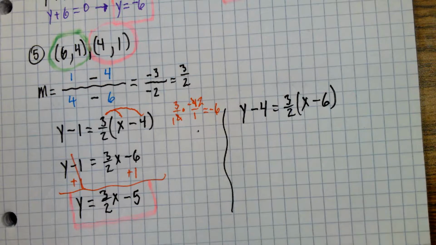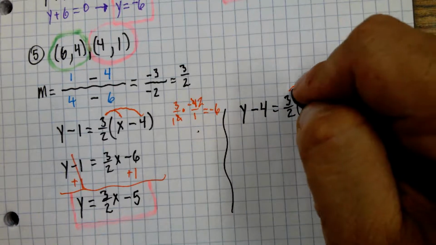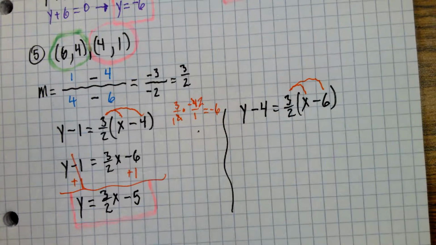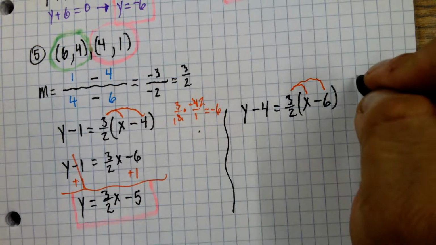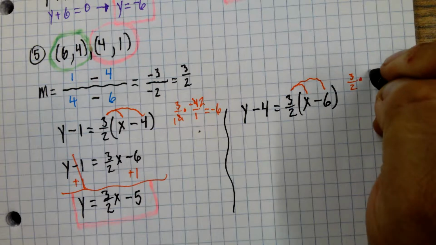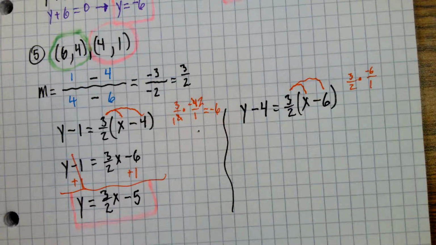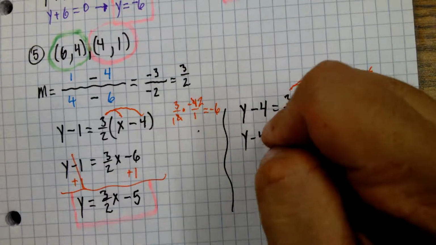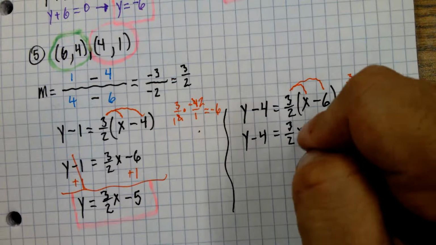Okay? And so we're going to distribute 3/2. So practice this, write it down. We're going to multiply 3/2 times -6 over 1. Let's just write everything else we get. y minus 4 equals 3/2x.